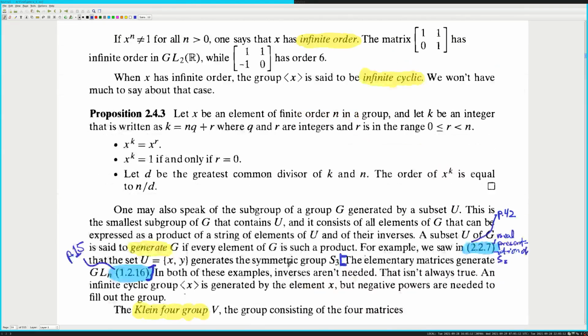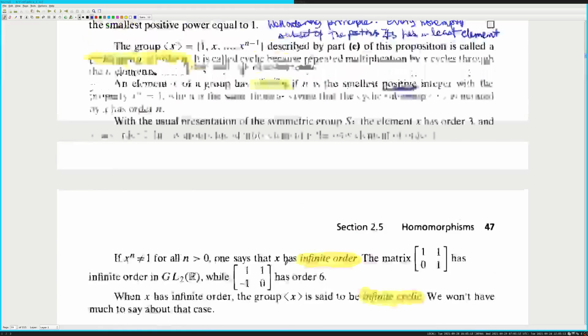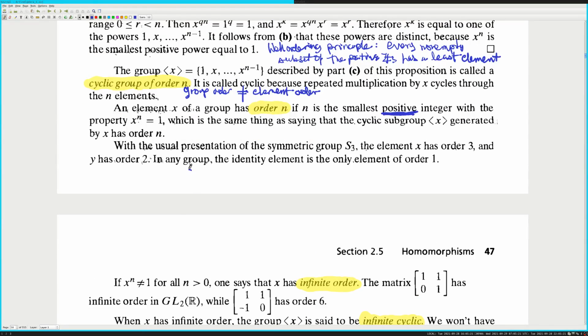With the usual presentation of the symmetric group S3, the element x has order 3 and y has order 2. Okay, let me just find that usual presentation. Where was it? Page 42. This has a semicolon here, that's weird. I didn't notice that the first time I read it. x squared y.